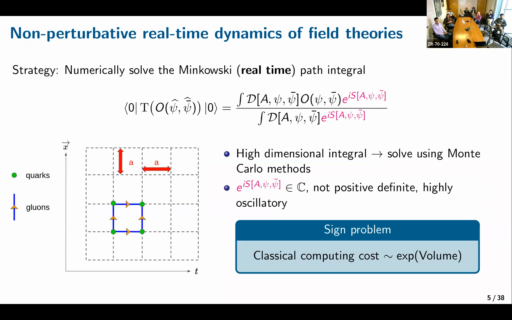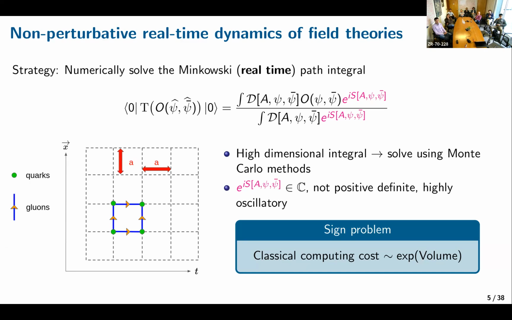When we think about solving for the dynamics of a quantum field theory in a non-perturbative way, what we mean is solving the path integral numerically. The procedure is you put your theory on a lattice, as shown here, and the resulting path integral is a very high dimensional integral. The only practical way to solve this is using Monte Carlo methods and importance sampling. However, looking at this pink term here, the exponential of i times your action is a complex number.